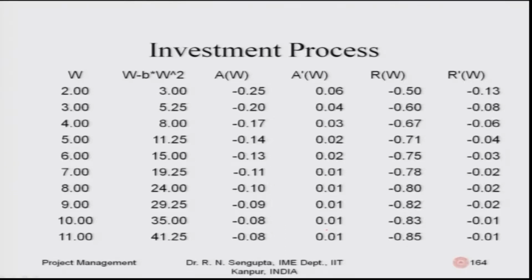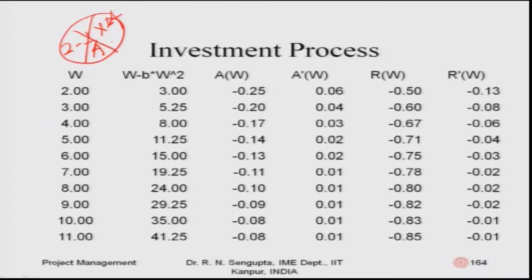So, if this value is 3, it means w is 2, and 2 minus some b value into w square, which is 4. So, 4 would become 1 if b is 1 by 4. Oh, sorry, my mistake, I have taken b as negative, my apologies.